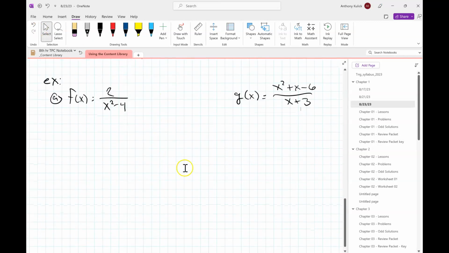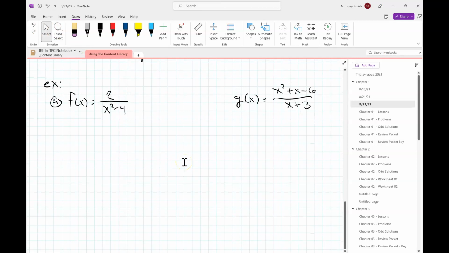Here we're just going to take a look at these and decide, do they have a discontinuity? And then what kind of discontinuity is it? And then where is that discontinuity at? So what do you think I'm going to do first?